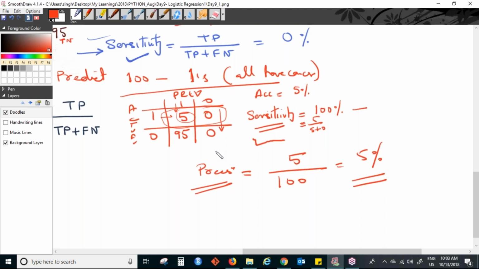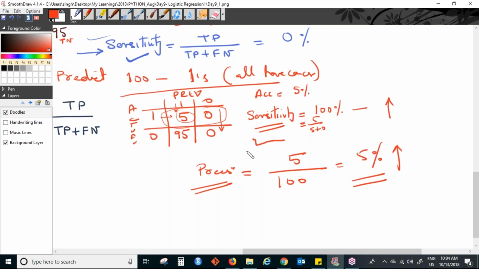So this will tell you that your model is flawed. The ideal answer would be that both sensitivity and precision should be high, not just one of them. Using both sensitivity and precision, you will be able to say whether your model is good or not.